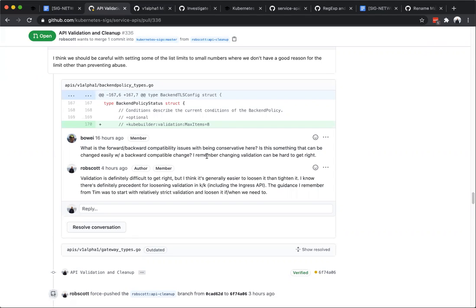Okay. Yeah, I do agree with the fact that we should limit everything. We should just be very careful about not making it way too small. Yeah. No, that was what I was wondering about, that when we carry this over to beta and GA, it will definitely become an issue where changing the limit, you can't just do it in one release.